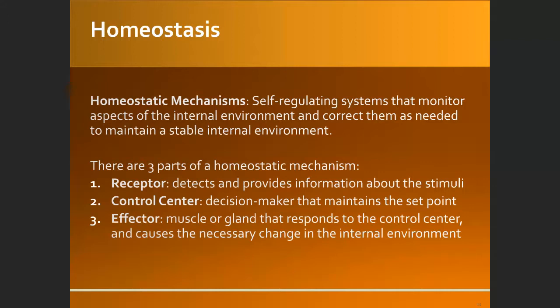The homeostasis. Remember, this is the main theme, the main topic in our A&P, anatomy and physiology class. Mostly we're going to learn about normal body structure that will control the normal body function.